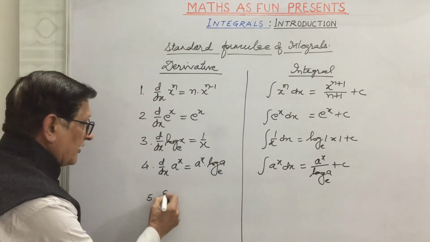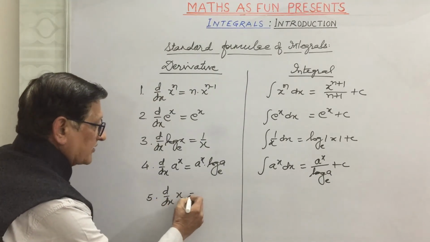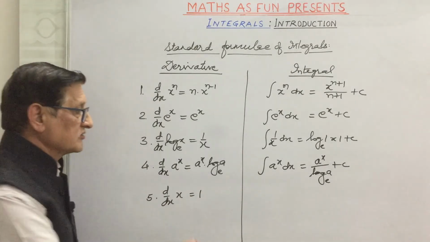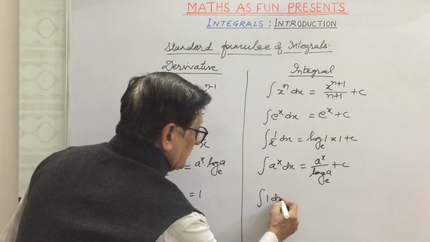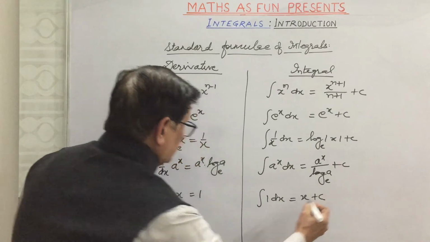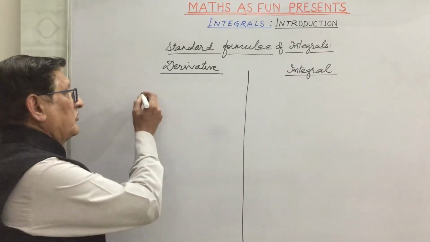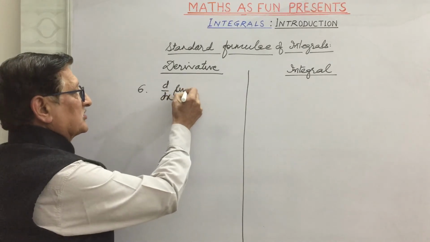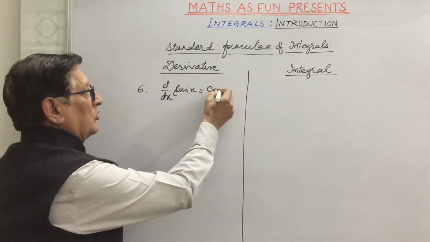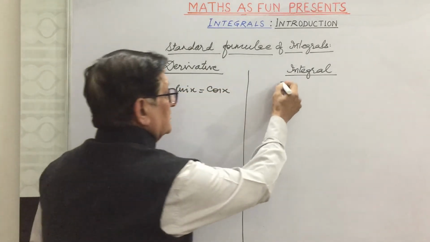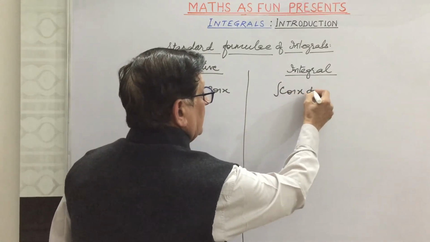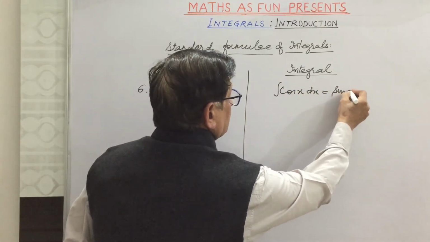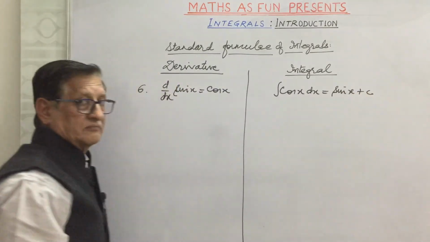Fifth formula, we have d by dx of x is 1, and hence we can write integration of 1 dx is x plus c. Sixth formula, in derivative we have d by dx of sin x is equal to cos x. So integration of cos x will be sin x plus c.